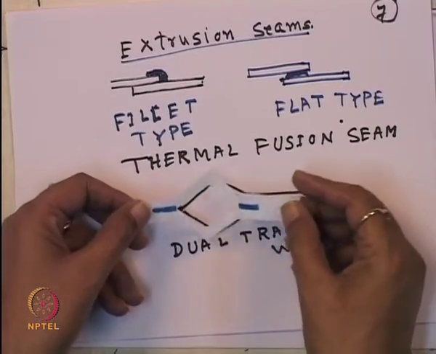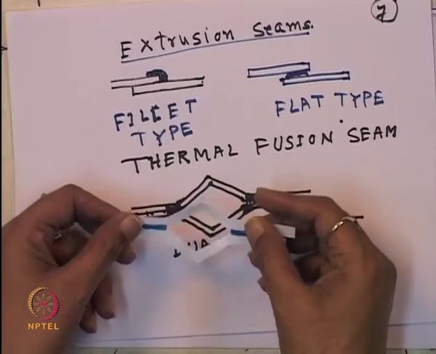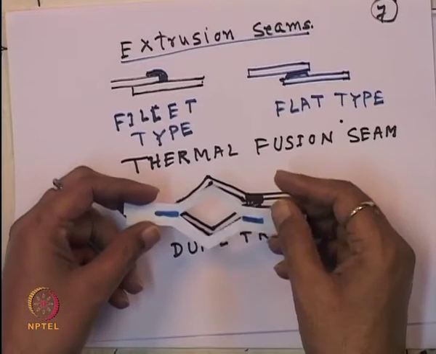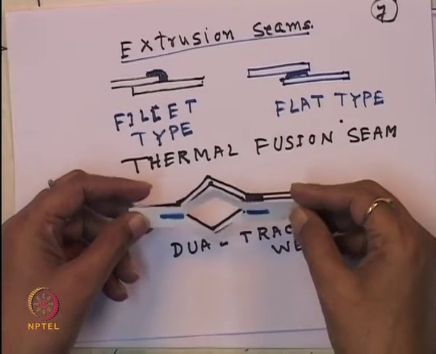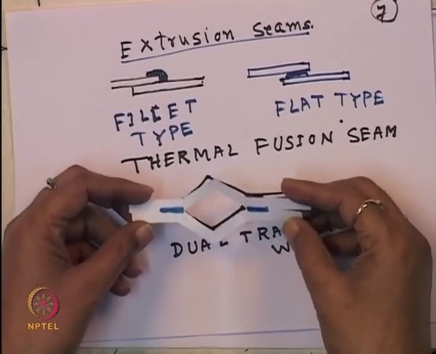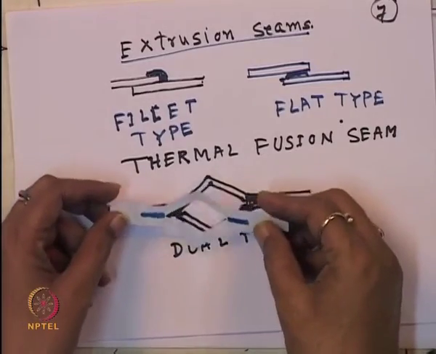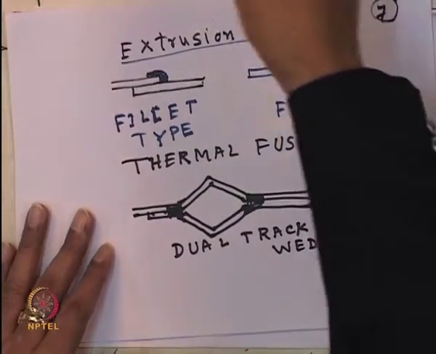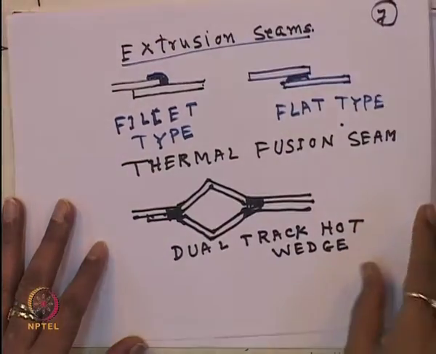So, this kind of geomembrane seaming is essential for the construction site. This is a very good seam. So, you can see various types of seaming, but dual track hot wedge is the best suited for the construction of any project.